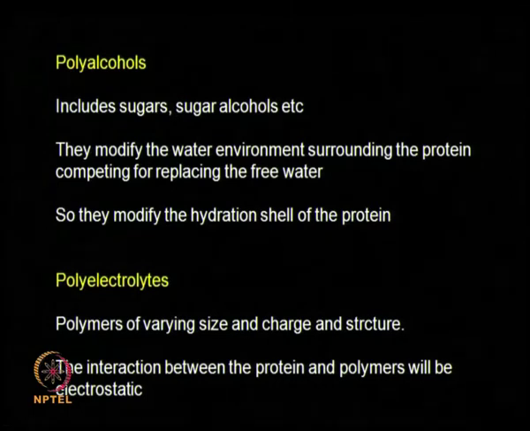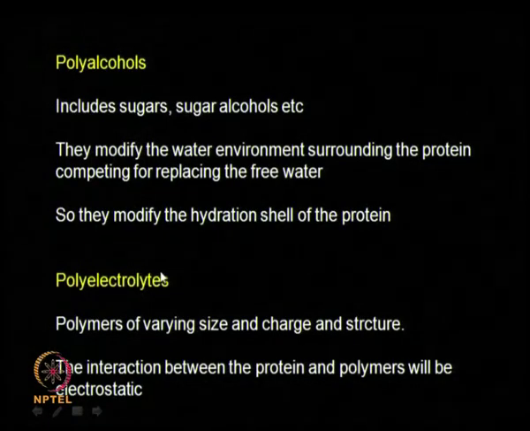So they affect the hydration shell of the protein. When you add polyols, the hydration shell is disturbed, and the free water near the protein, which may contribute towards destabilization of these proteins, is removed.